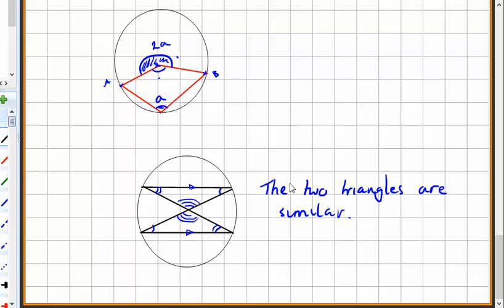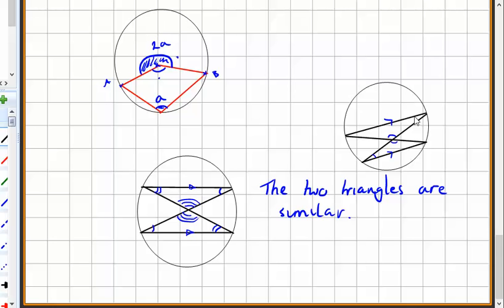So mine obviously looks like they're exactly the same, but if I were to draw my lines in different places, so I've got, let's say, that one and then a longer one. Now this triangle is smaller, but we know that angle and that angle are the same because of parallel lines.